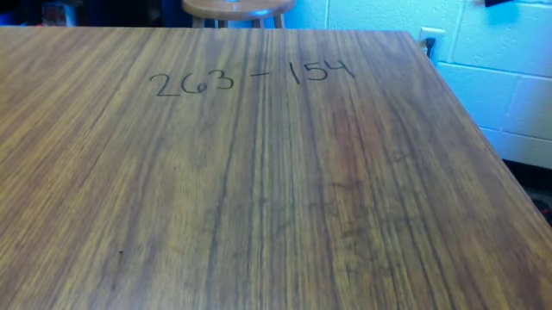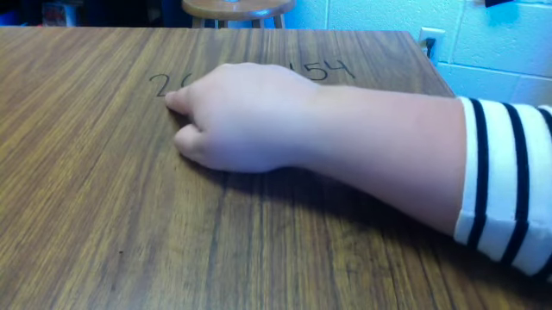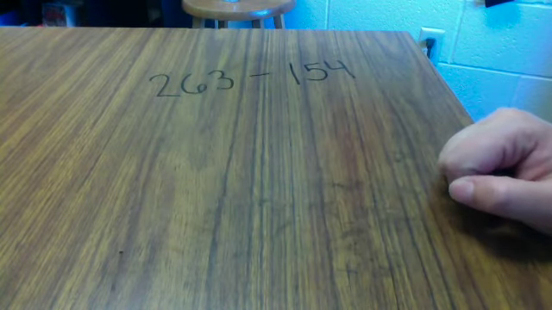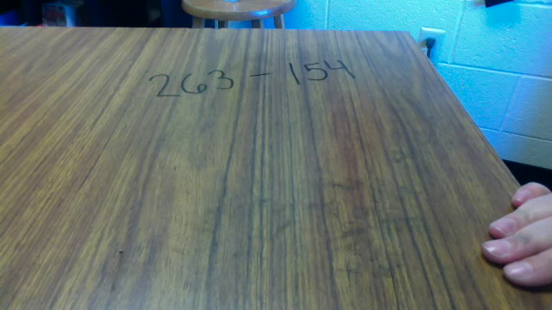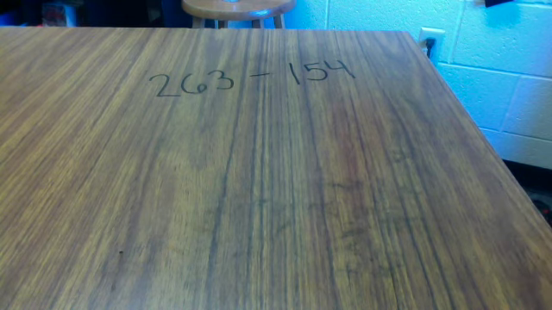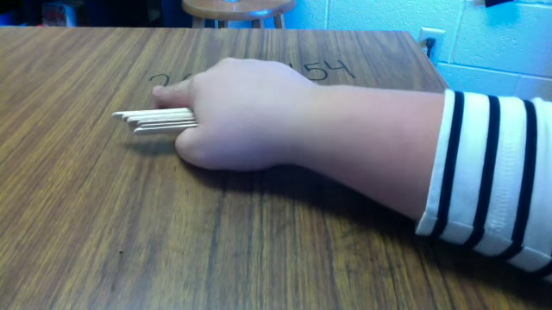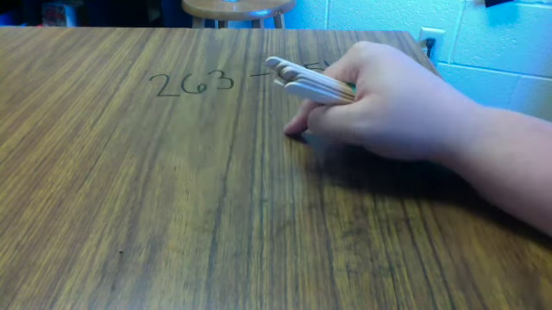So with sticks and bundles, I'll look at my hundreds first, and that's the number I will show you. So I have to try to find 200 bundles because I know that 10 bundles will make 100. So 10 bundles of 100 and then another 10 bundles of 100.